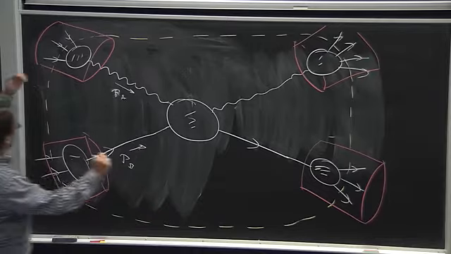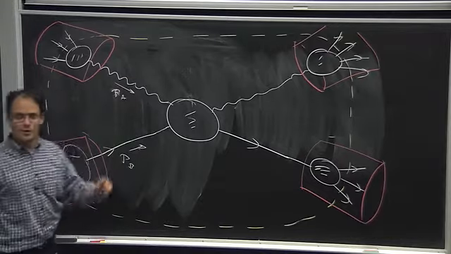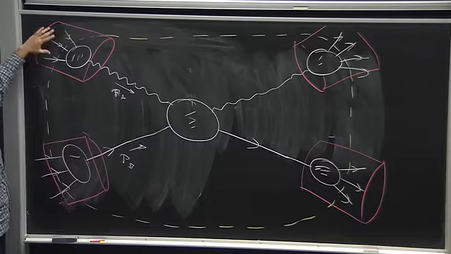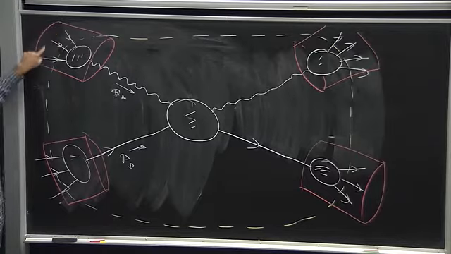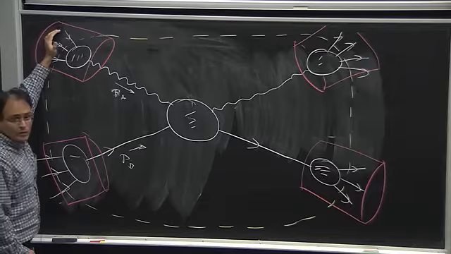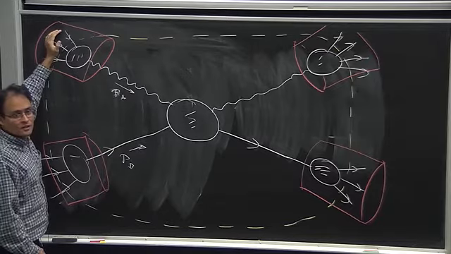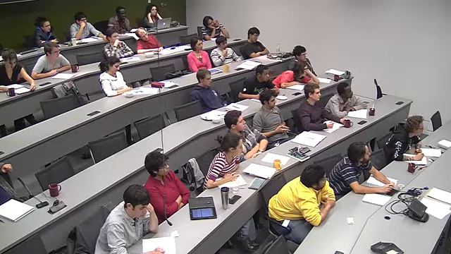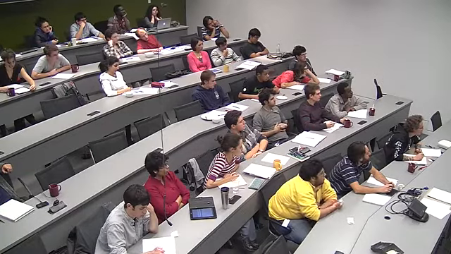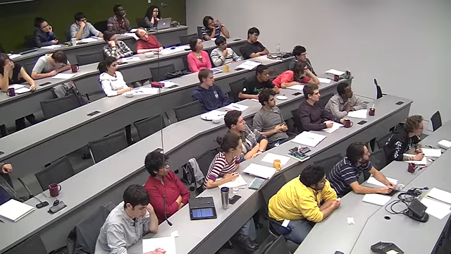But for this to be a good experiment, we have to tune the momenta of these guys so that what happens? They are on shell, of course, but the sum of their momenta has to be, well, yes, of course, it has to be PA, by momentum conservation. But what do we need PA to be?